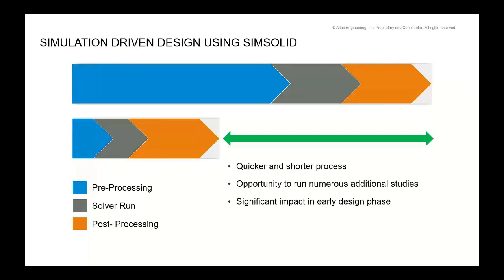Now, with SimSolid, the biggest difference is that you don't need to do any of the meshing, and you don't need to tidy up the CAD either. You bring the CAD in, and SimSolid will know exactly how to handle your geometry based upon the setup that you've given it. So where you start constraining it, where you apply your loads, it will understand exactly where it needs more refinement and where it needs less refinement.